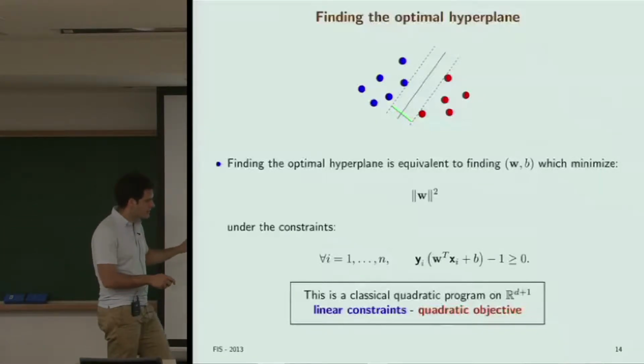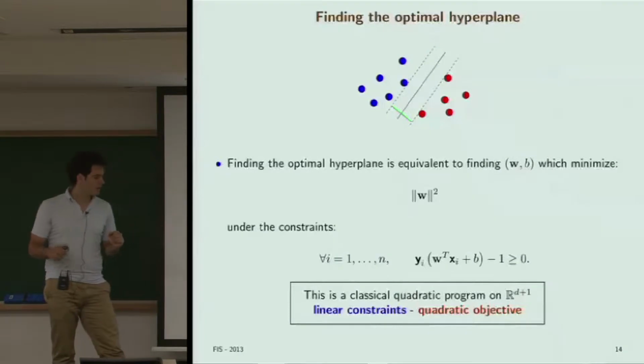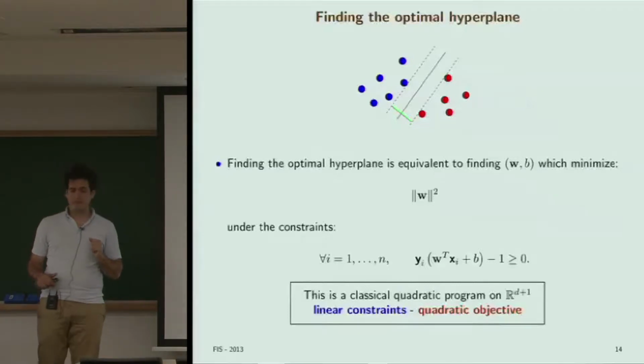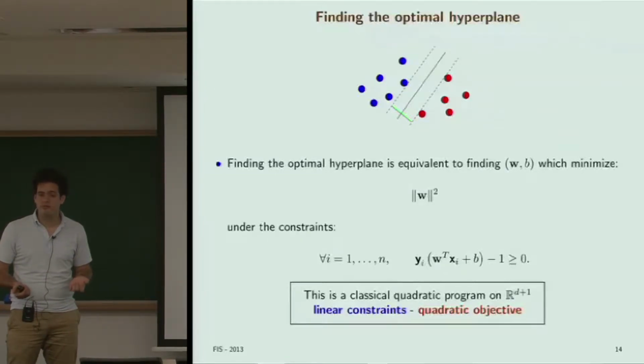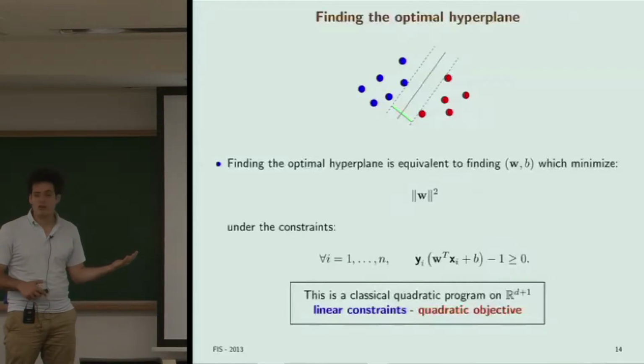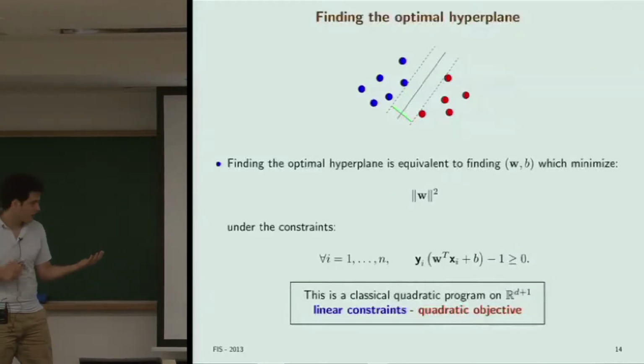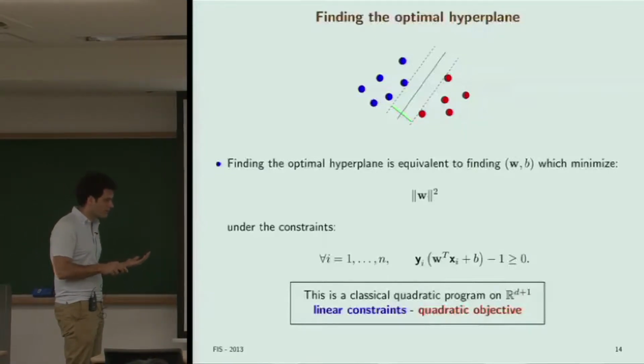So we want to minimize the squared norm of w, given that we can guarantee that yi times w transpose xi plus b minus 1 is non-negative. So this is an optimization problem, and we have 2 variables, w, a vector, and b, a constant. We need to find w and b which satisfy this.